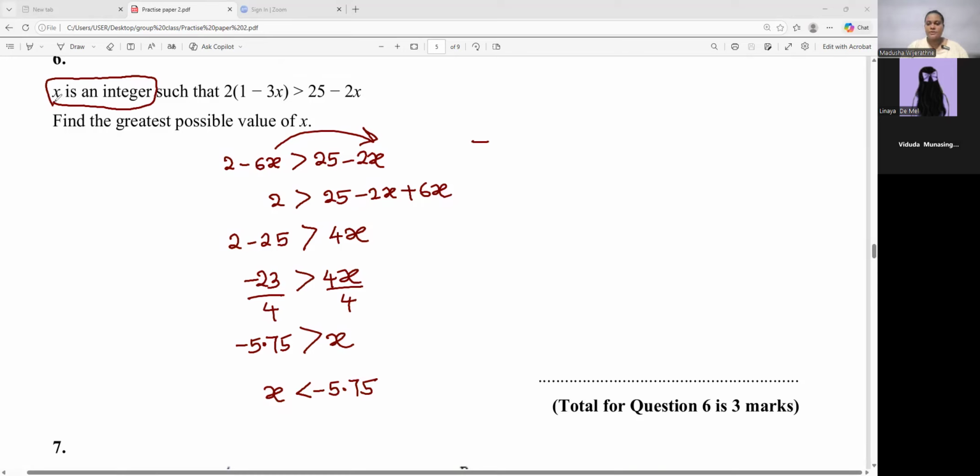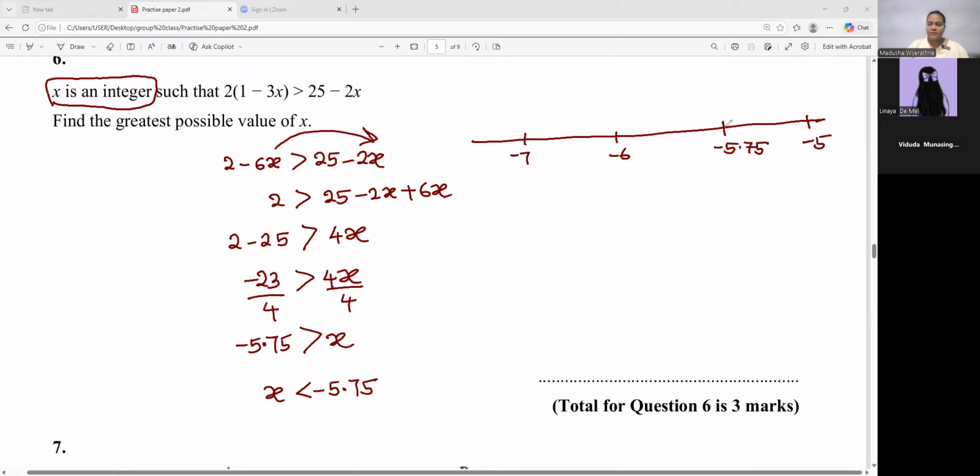So if I draw this and mark it on a number line, this is minus 5.75. Minus 5 is this side and minus 6 is here. After that, minus 7, it goes this way.